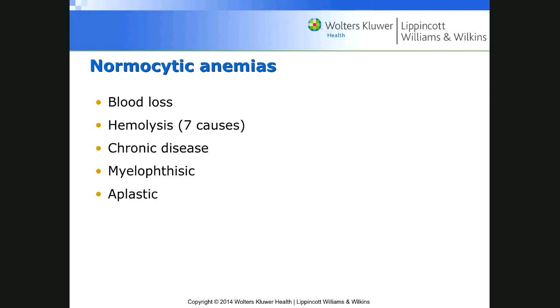Aplastic anemia is often associated with, say, chemotherapy or radiation. In this case, what happens is that you're destroying the stem cells. If you don't have the stem cells, everything will go down.